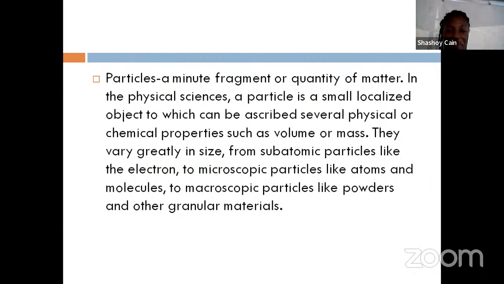Okay, awesome. They vary greatly in size from subatomic particles like electrons, to microscopic particles like atoms and molecules, to macroscopic particles like powders and other granular materials. So from one thing to the next.